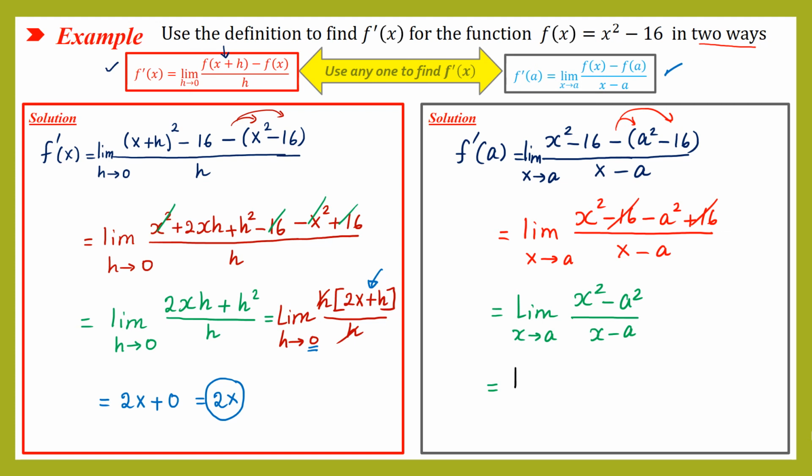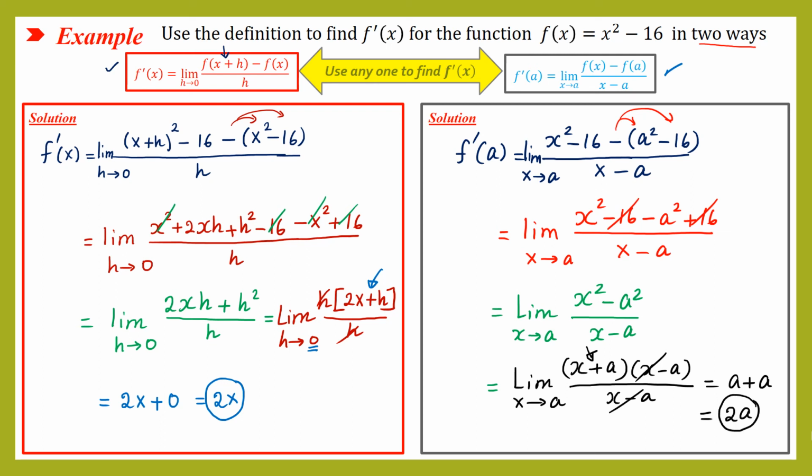So you can write the numerator as x plus a multiplied by x minus a over x minus a when x goes to a. Now cancel the common between numerator and denominator, and you will get the function x plus a. Replace x by a, you will get a plus a, which is 2a.